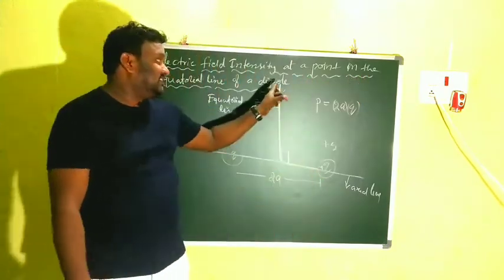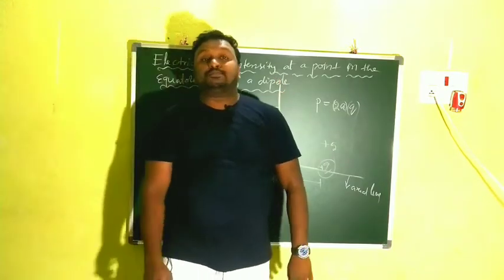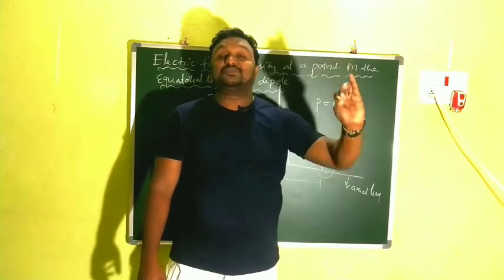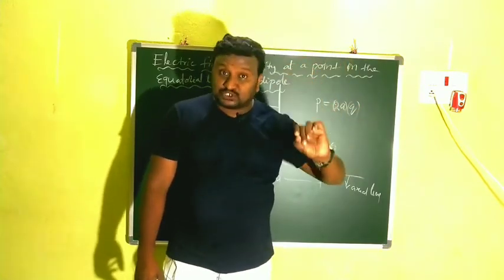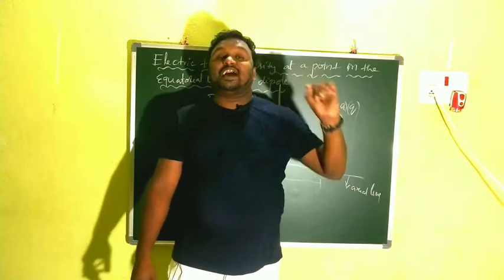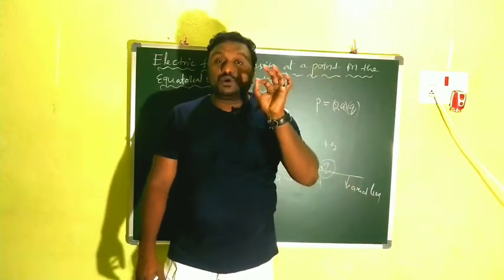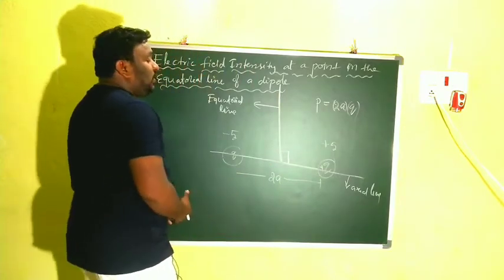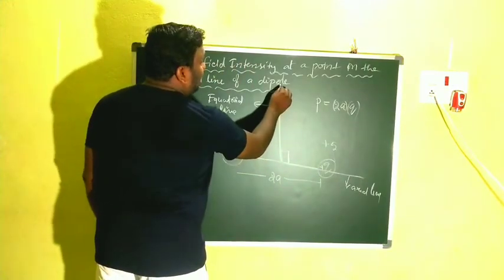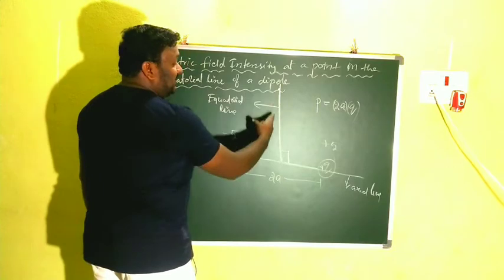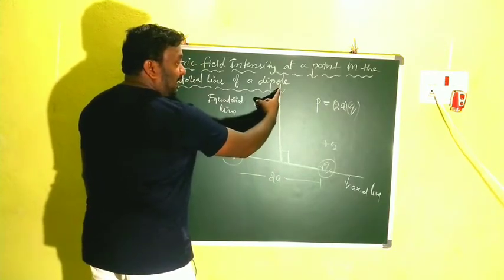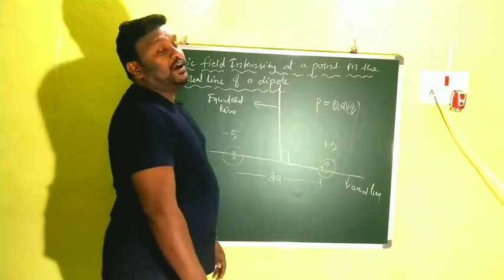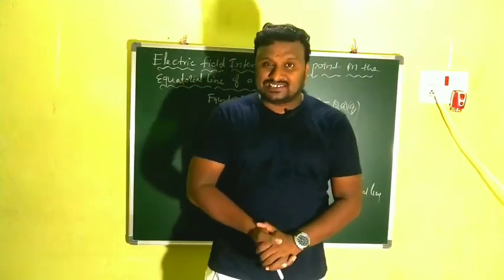That means it passes through the center of the dipole and is perpendicular to the axial line. That is called the equatorial line. Clear? Now in this topic we have to select a point on the equatorial line. At that point we have to find the electric field intensity.